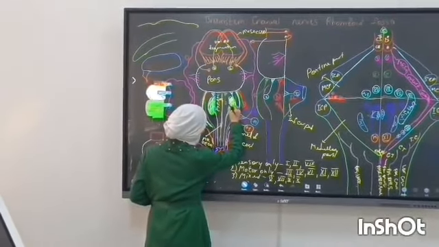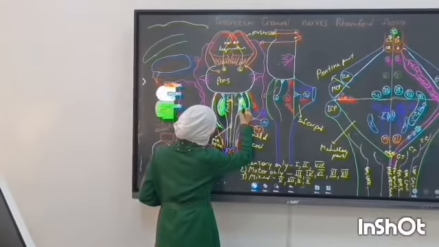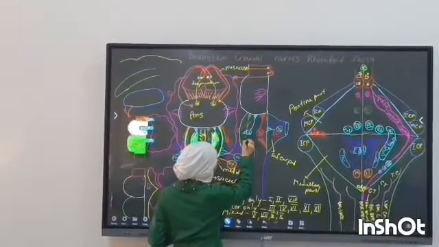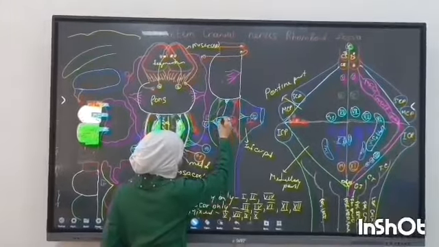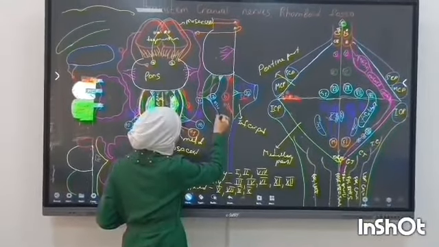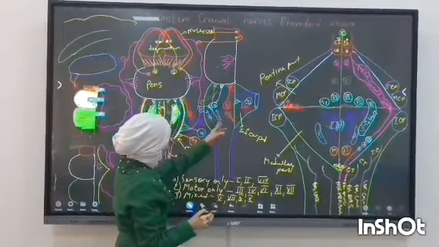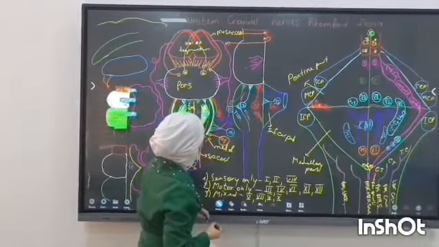There is the exit point of the nervus hypoglossus. This is oliva. This is pyramidus. Between oliva and pyramidus is the exit point, the apparent origin of the nervus hypoglossus.